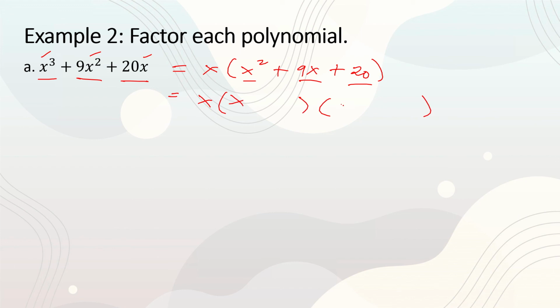First term would always be x because x squared is x times x. Problema na lang natin is ano ba yung magiging second term natin? So take note, our C in our given is 20. The B is 9. So think of 2 numbers which when you multiply them it will result to 20, but when you add them it will result to a 9.